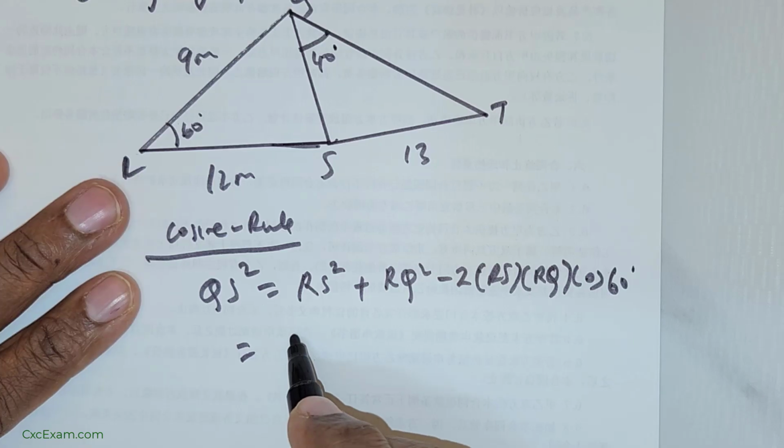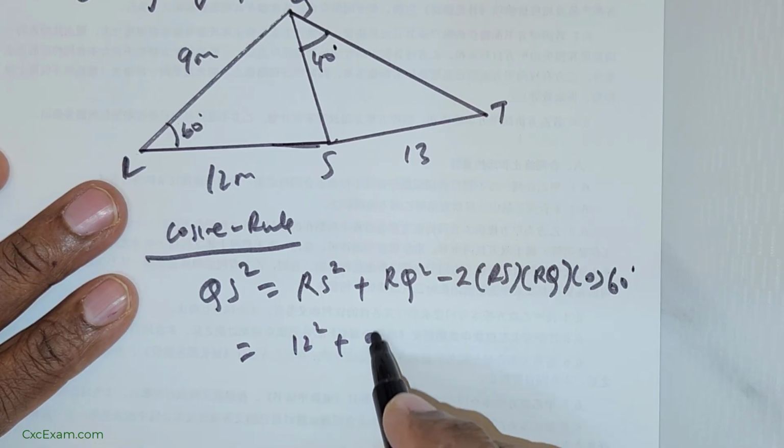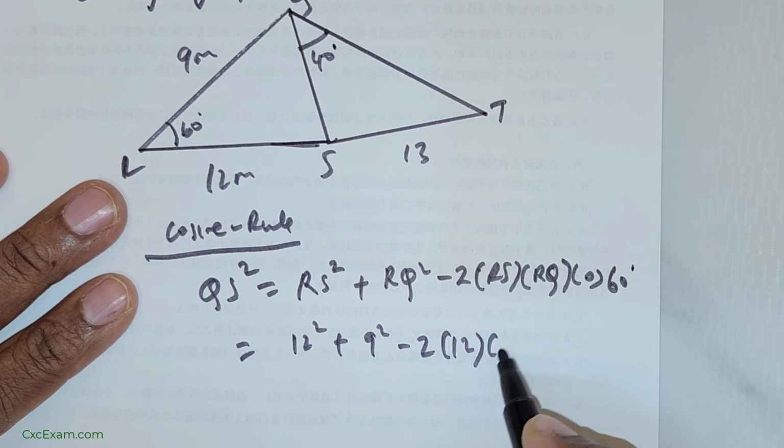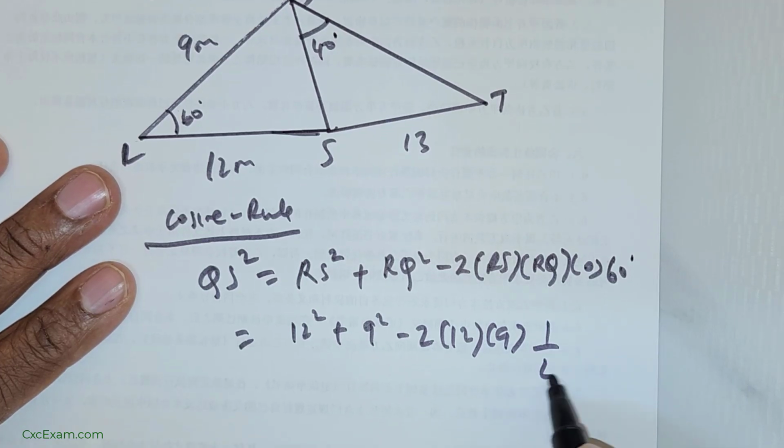So RS squared is 12 squared, RQ is 9 squared. So 12 times 9 times cos 60, which is 1 over 2.